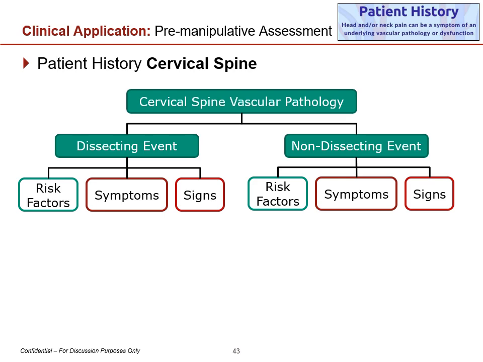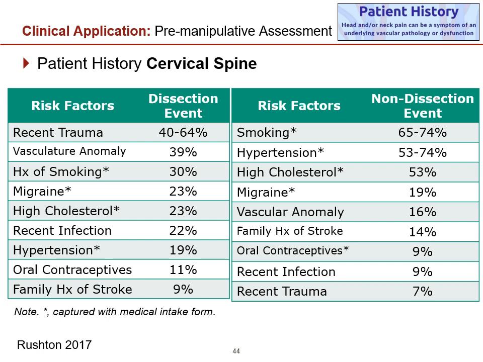So let's walk through each of these. In these tables, you have the risk factor, and then you have the prevalence of that risk factor in the presence of individuals that have a dissection event or a non-dissection event within their vasculature of their cervical spine.